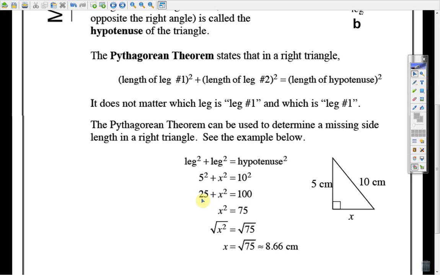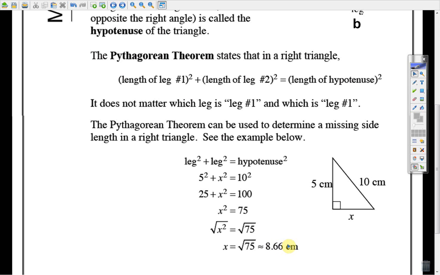If we subtract 25 from both sides, we get x squared equals 75, or x is equal to the square root of 75. And that's about 8.66 centimeters.